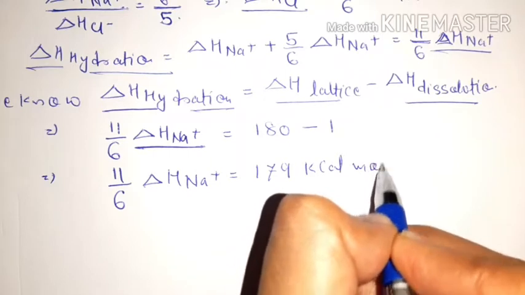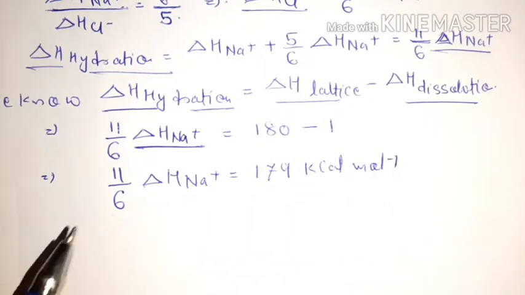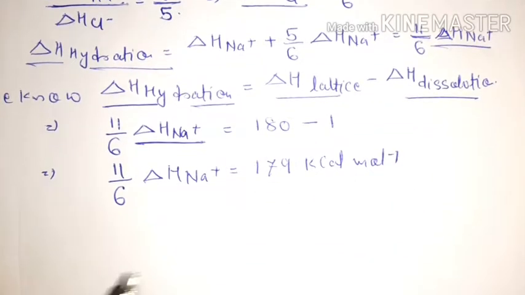So friends, first of all you remember that you don't need to change the units of your enthalpies, because both the values of dissolution and lattice enthalpies are in kilocalorie per mole.